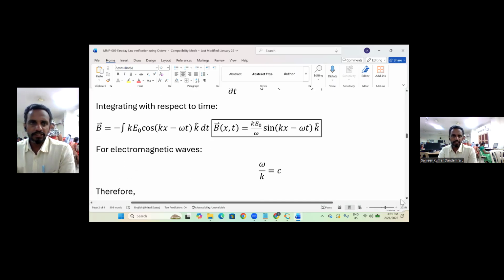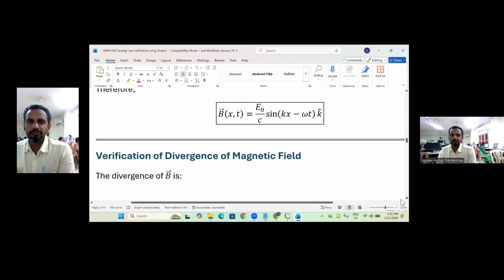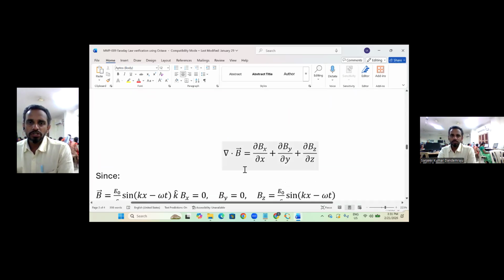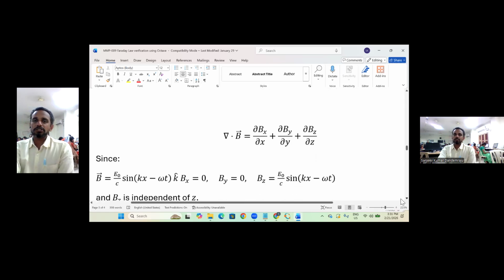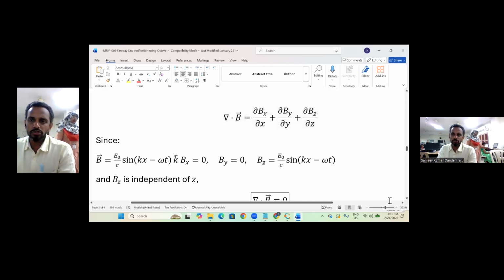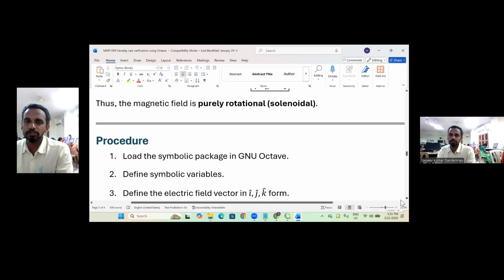And finally, to confirm that the magnetic field is solenoidal, that del dot B is equal to 0, we have to confirm that part also for the obtained magnetic field. So whether it is really magnetic or not can be confirmed by using this condition: del dot B should be 0. That divergence should be calculated, and we have to get 0 for that.